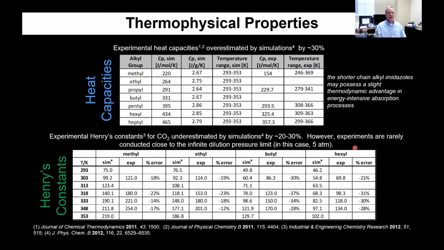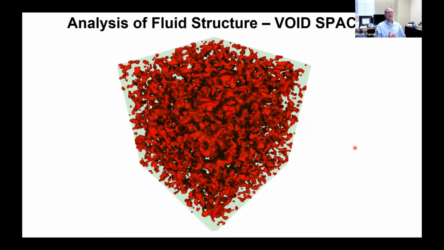So really the next step for us is trying to understand these systems a little bit better and understand why. So if we look at the methyl chain versus maybe the heptyl chain, and they give you different CO2 absorption properties, we really want to understand why.